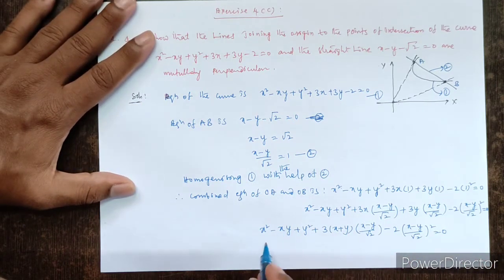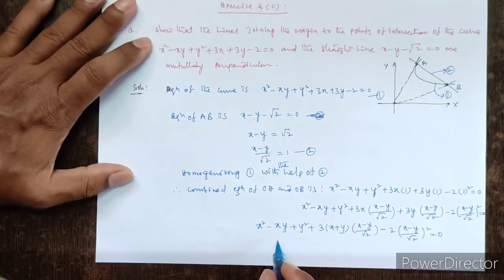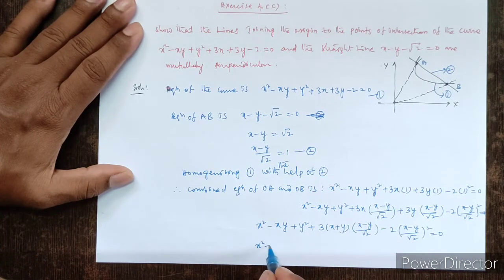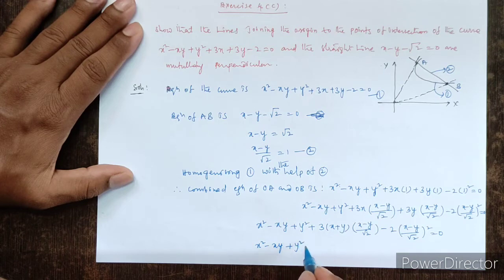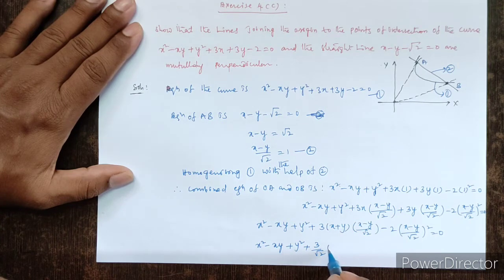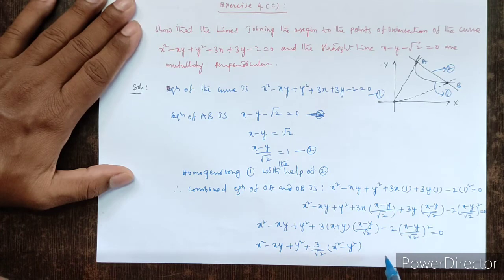So x square minus xy plus y square plus, this is a plus b into a minus b, 3 by root 2 into x square minus y square, minus 2 times, root 2 whole square is nothing but 2, so this can be cancelled.